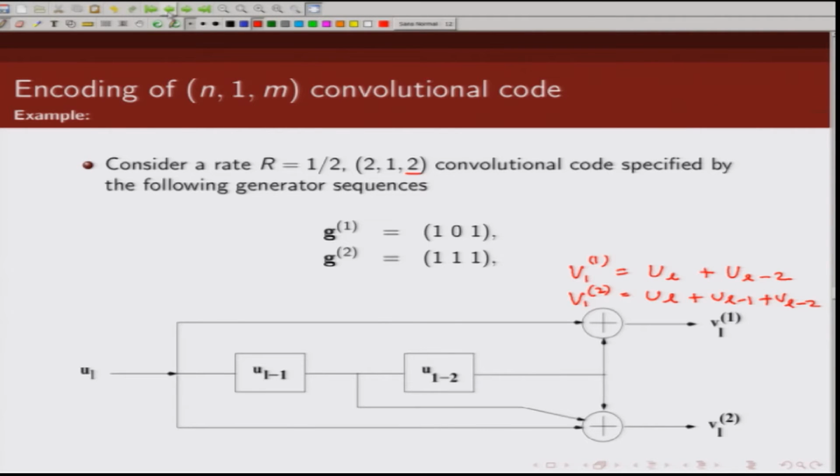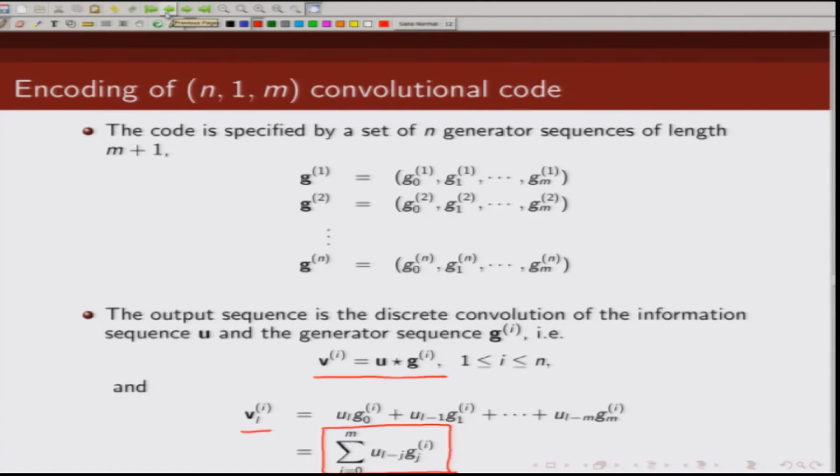If we go back, our output is this. If we expand it for this particular example, this will be UL G0i plus UL minus 1 G1i plus UL minus 2 G2i.